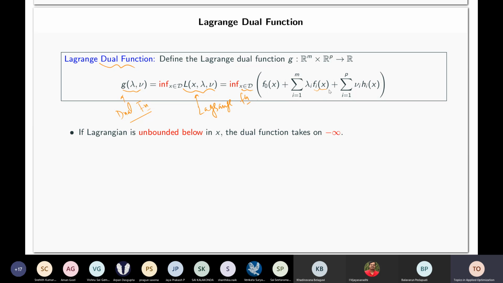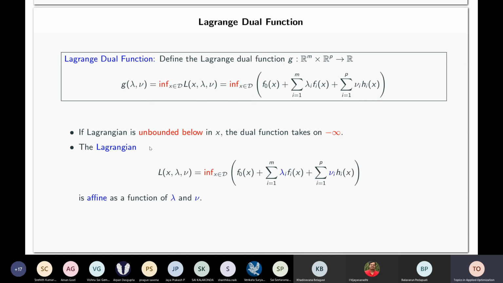So we have to take the infimum of these x dependent terms. If the Lagrangian is unbounded below in x, then the dual function takes on minus infinity. That's obvious. If this Lagrangian is unbounded below, then the infimum will go to minus infinity.